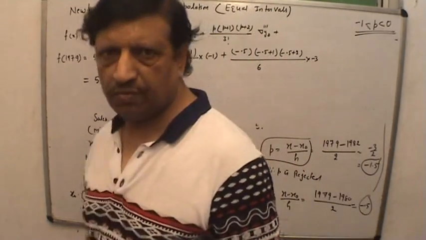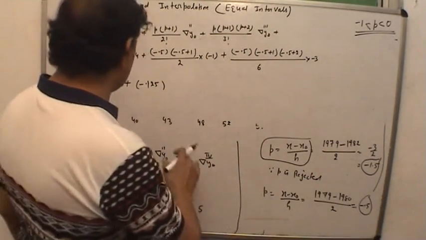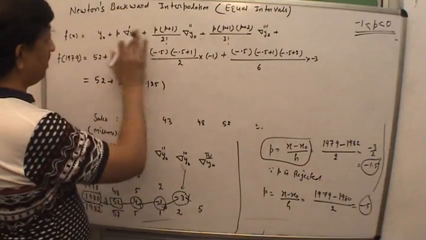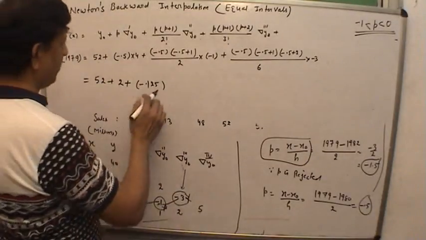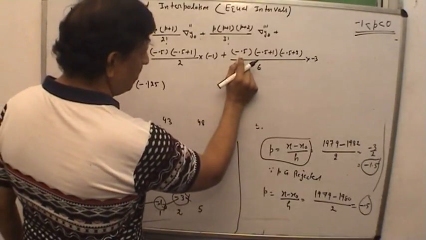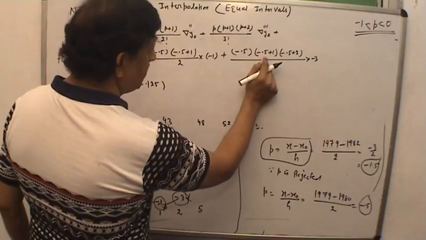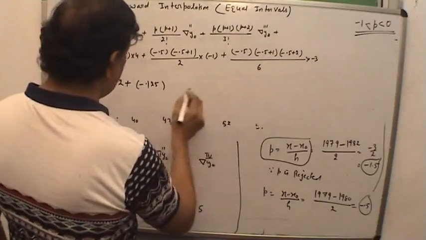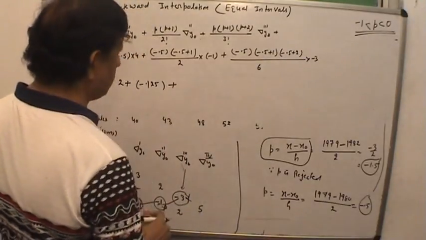No need to move further, and we put all these values into the given formula and then calculate it in this way. First of all the sign: it is minus, plus, minus, again the result is positive.